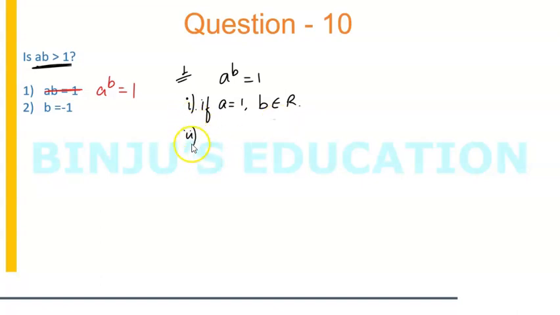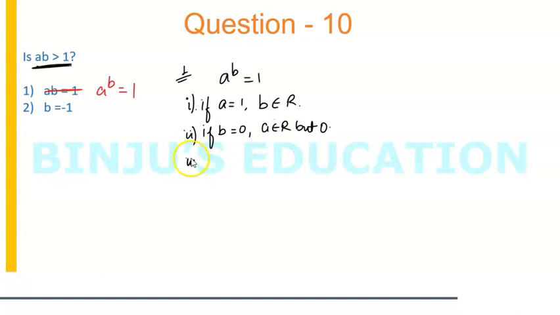Second, if b is equal to 0, then a can be any real number but 0. Any number to the power 0 is always equal to 1 apart from 0, because in math 0 to the power 0 is not defined.